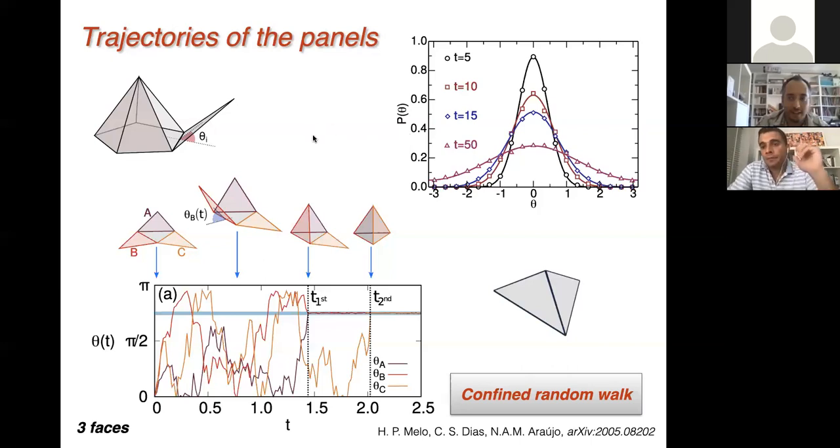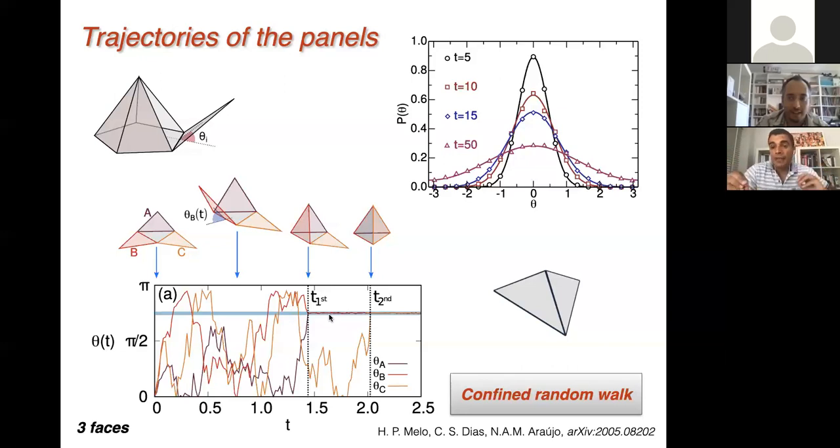And so what we have is a confined random walk, but in a very special system. That is, we have 3 random walks, one for each face, and the first time two of them meet at a specific angle, that is the closing angle, then they will remain together. So it becomes an absorbing state.